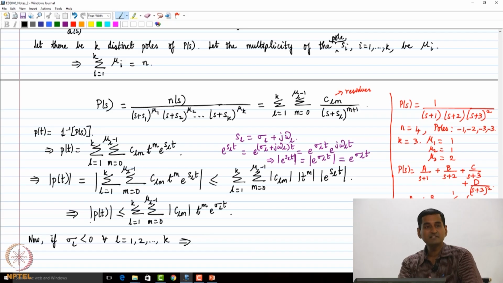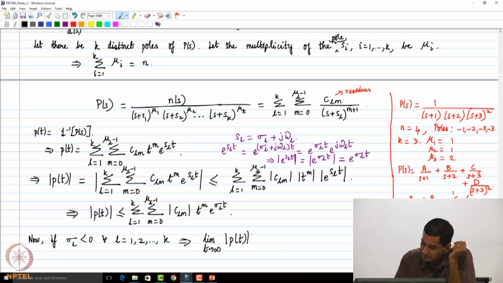Because please note that the left hand side is less than or equal to the right hand side. In the limit t tending to infinity, if the right hand side goes to 0, obviously the left hand side has to go to 0, because the left hand side cannot take negative values. Magnitude of P of t is non-negative. So the only choice is that the magnitude of P of t should go to 0.